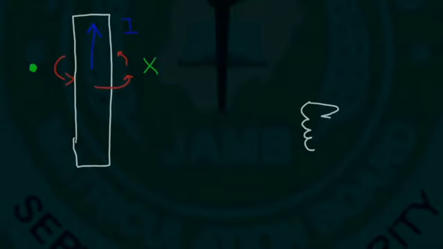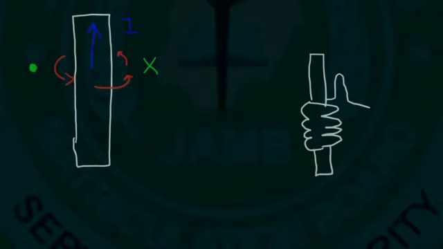My drawing's not the best, but here is the conductor, and here's the person's hand wrapped around the conductor. You want your thumb to face the direction of the current. And notice the way your hand curls around the wire.